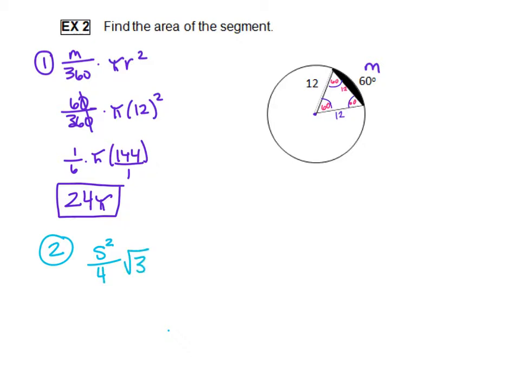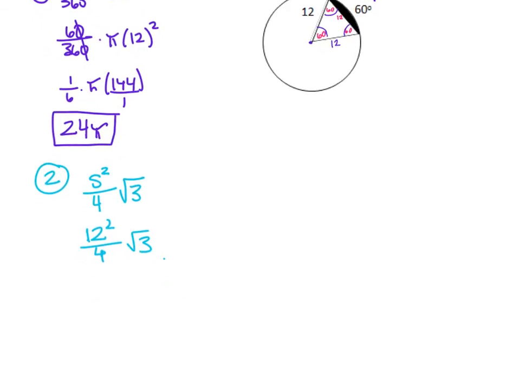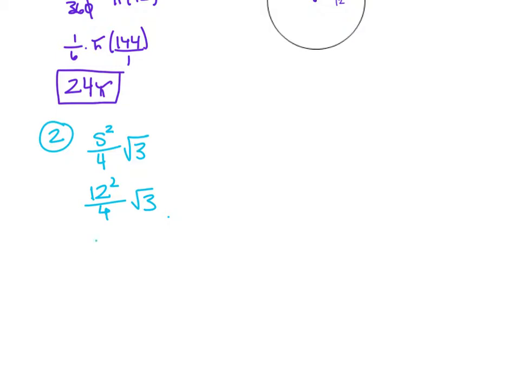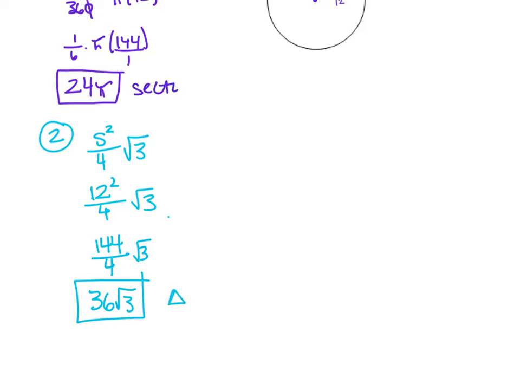And because we know that our side length is 12, we're going to do 12 squared over 4 times the square root of 3. 12 squared is 144. And 144 divided by 4 leaves us with 36 square roots of 3. All right, so that is the area of the triangle. So that's the triangle. This up here is the sector.